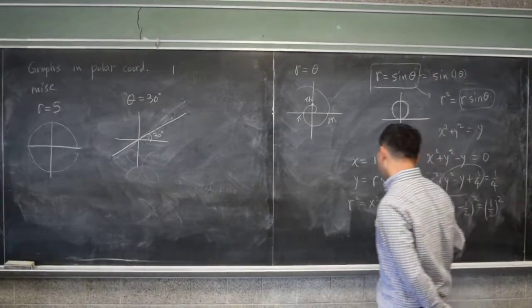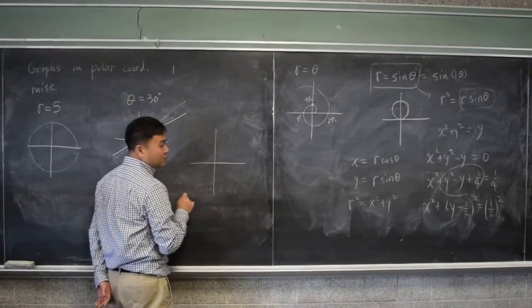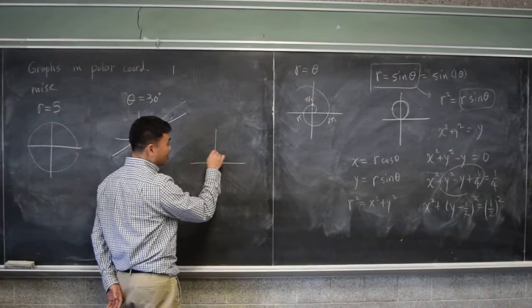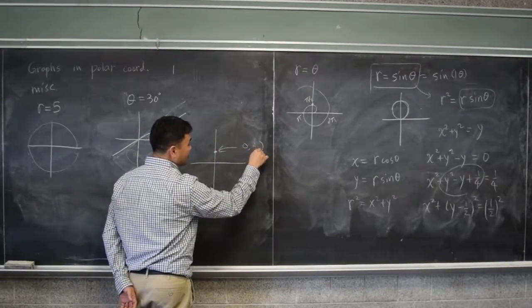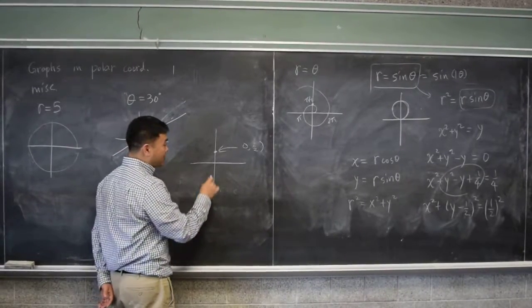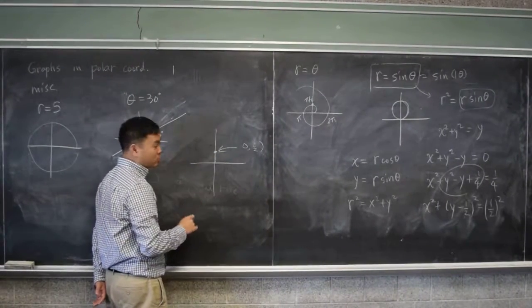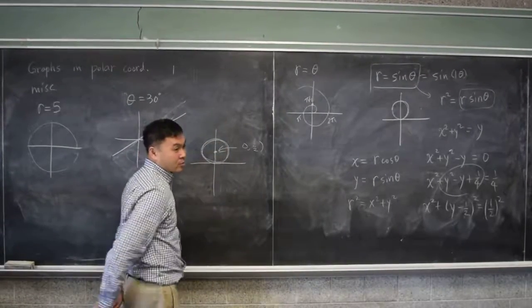So if I just follow that prescription, let's see what it says. Center is at 0, 1/2. So 0, 1/2 is right here. And I want a circle that has radius 1/2. So this length is actually the radius. We have this circle.